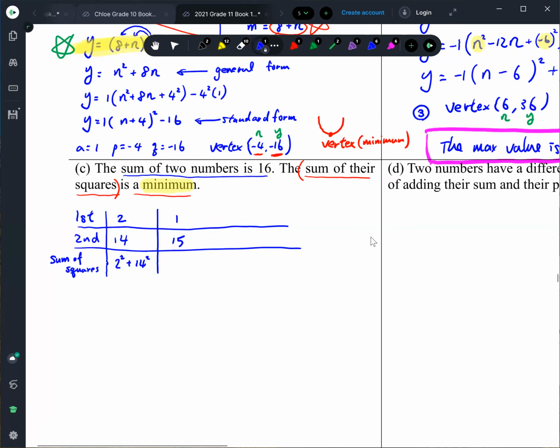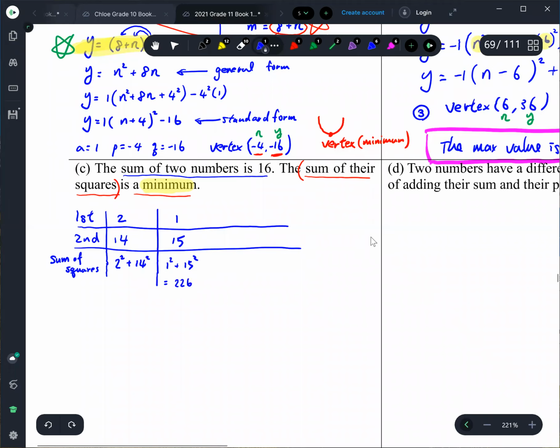Just 1 squared plus 15 squared. Yes, okay. And can you help me find out what that equals? 1 plus 225, which is 226.